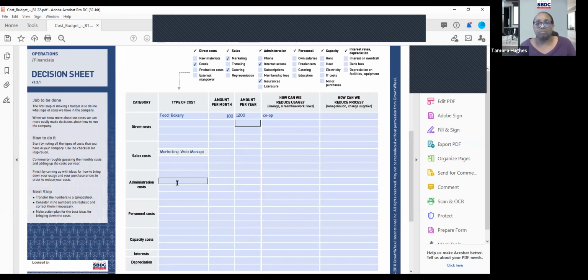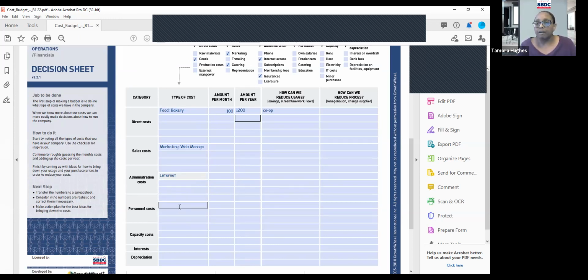Administrative costs, that's kind of your phone, your internet access, what are those costs? So you're just kind of planning out a roadmap for things that you need, and how much it costs per month and so forth, and how you can reduce that.